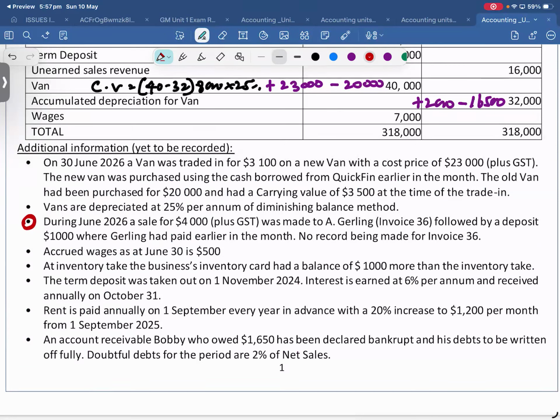But when I deliver the product, the goods to you, then I can claim it as a sale. So when I receive the deposit, it's an unknown sales because there is no exchange of product. But when I deliver you the product, then I'm earning the revenue. Make sense? Yeah.